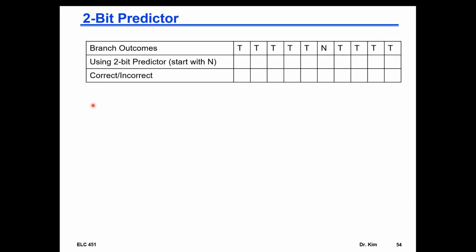So here's the first simulation, which gave us 80% accuracy with a 1-bit predictor. So in this case, we start predicting that the branch is taken.